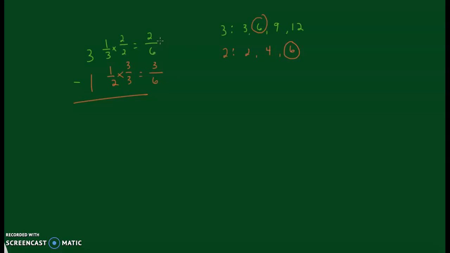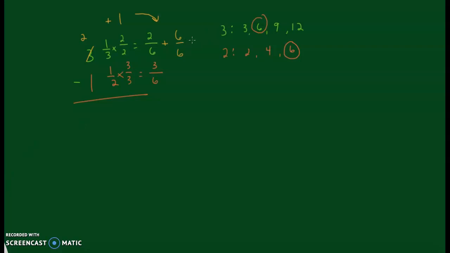I cannot do 2/6 subtract 3/6. So I have to exchange 1 of the 3, and I have to add the 1. I'm going to add 1 to this side in the form of a fraction. Since the denominator is 6, I'm going to add 6/6.